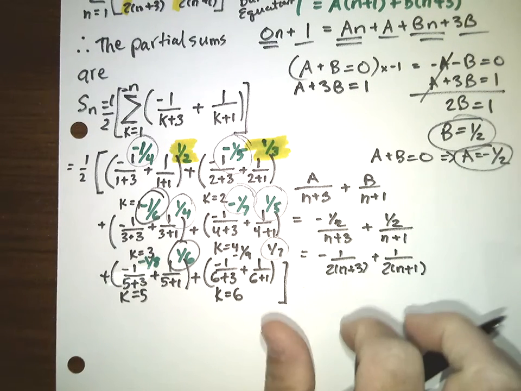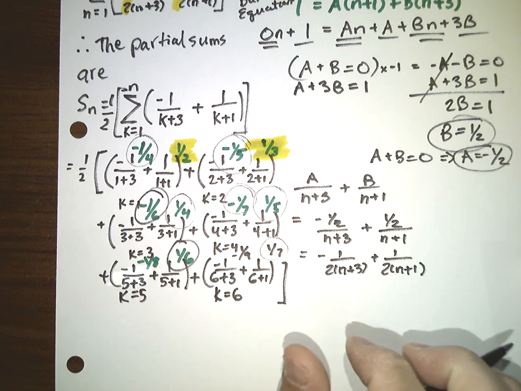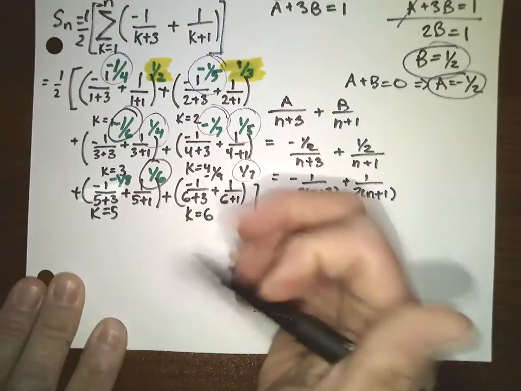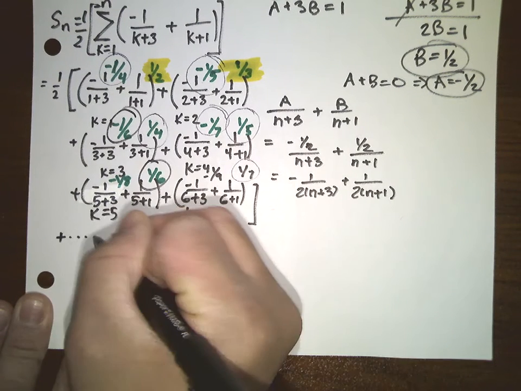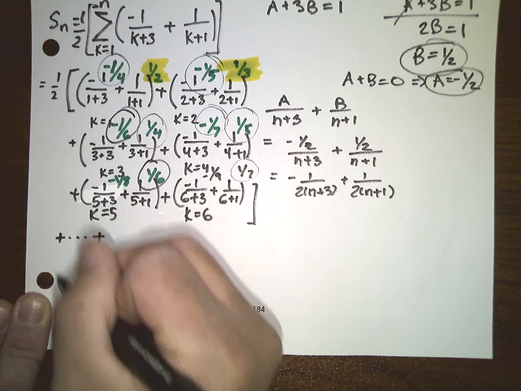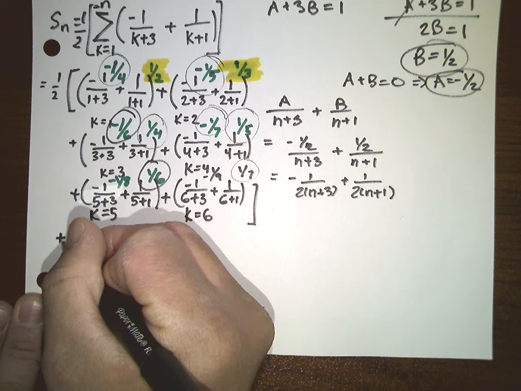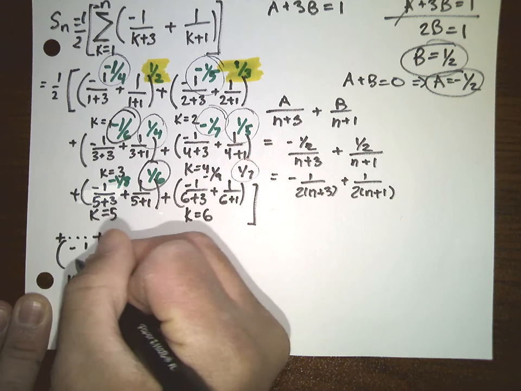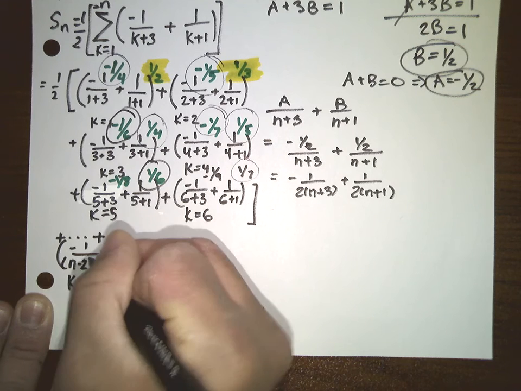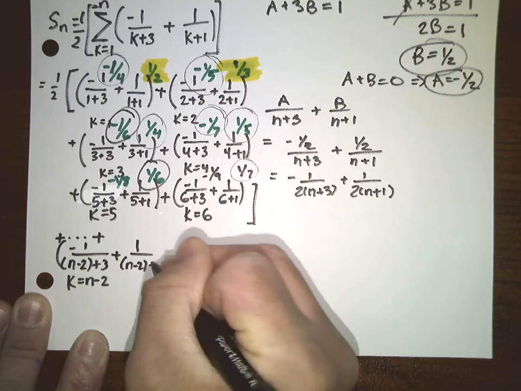So now I have to make sure that I understand what happens for the last several terms here. So if I do some more terms and get closer to the end, I see that if k is n minus 2, I'll get -1 over n minus 2 plus 3 plus 1 over n minus 2 plus 1.